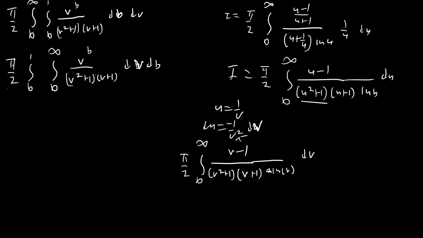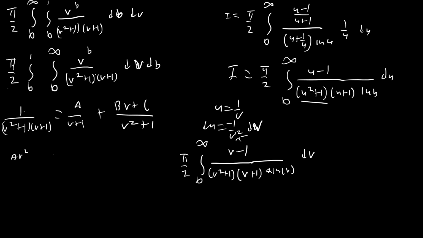Partial fractions, right? And then we're just going to use our formulas for that. So partial fractions is tedious, but you got to do it. So 1 over (v squared plus 1)(v plus 1) equals A over v plus 1 plus (Bv plus C) over v squared plus 1. Variable names are not good today. So we're going to get A v squared plus A plus B v squared plus Bv plus Cv plus C equals 1.